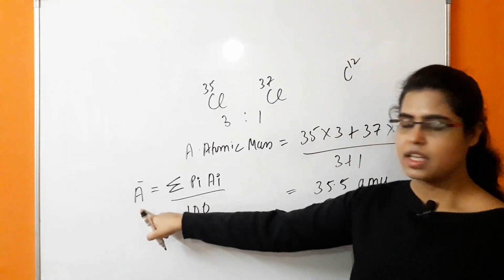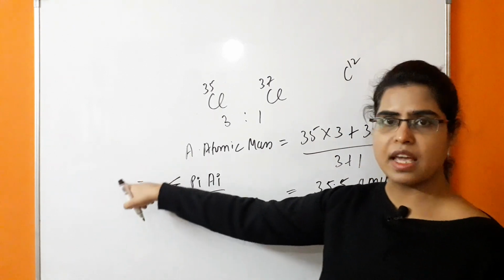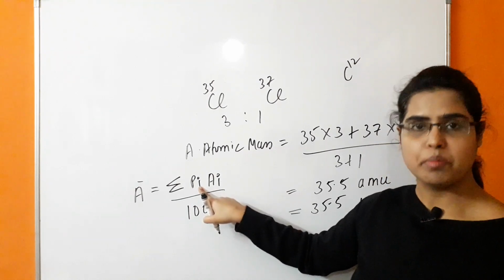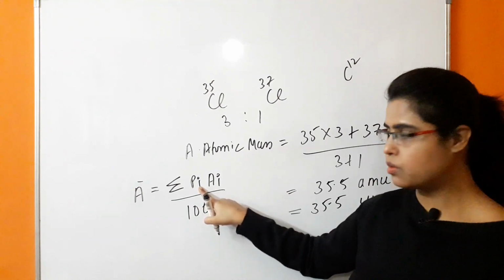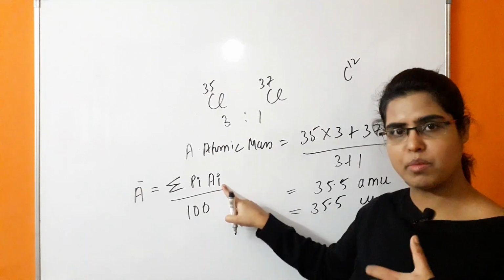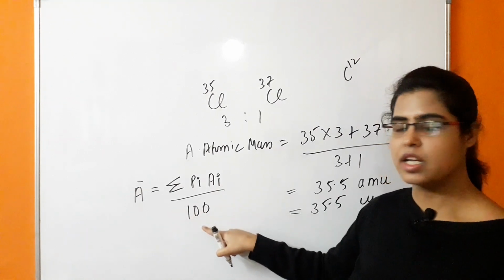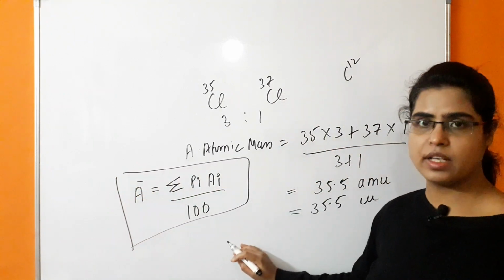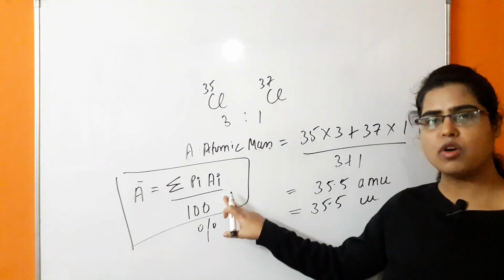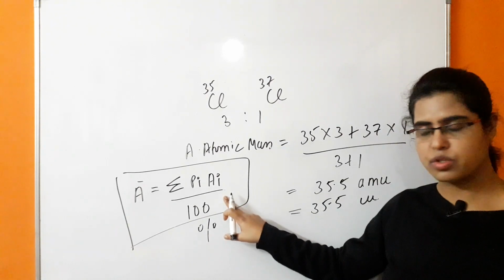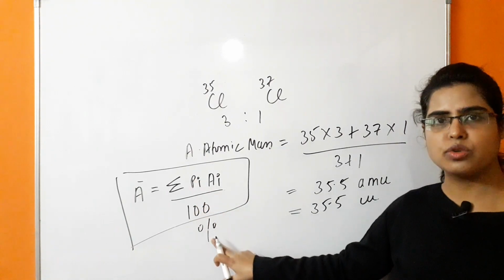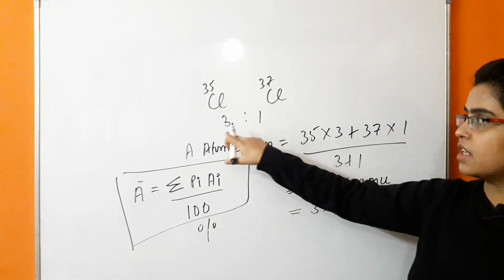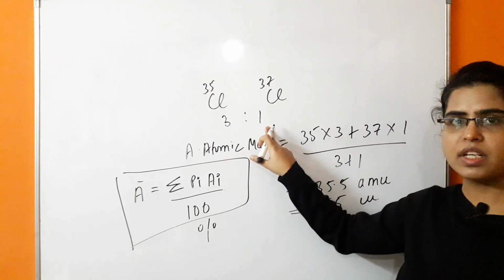Here A bar represents average atomic mass, the summation sign is the sum over isotopes, Pi represents the percentage abundance given in the question, and Ai represents the atomic mass, all divided by 100. This formula is used when the percentage of isotope is given. The ratio formula is used when a ratio of isotopes is given in the question.